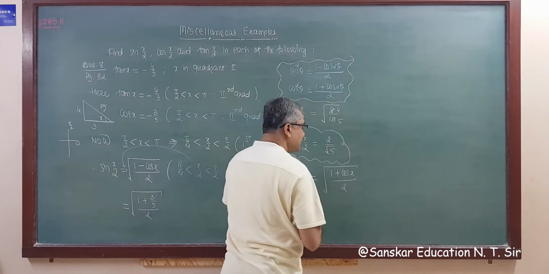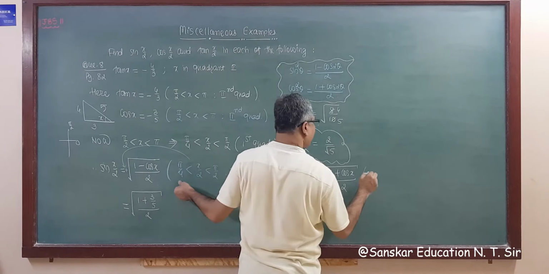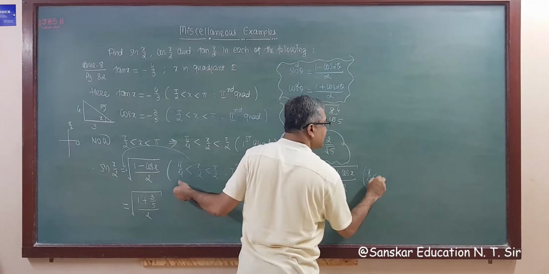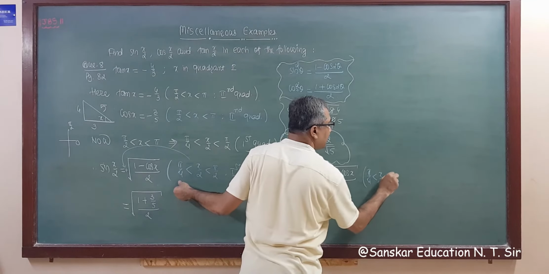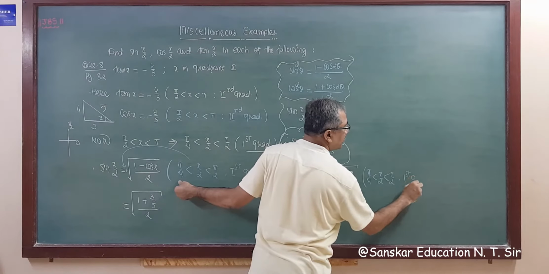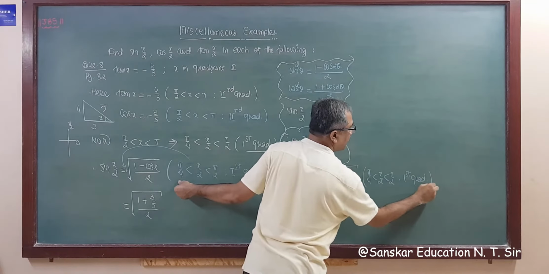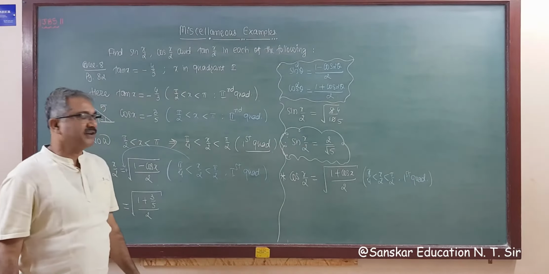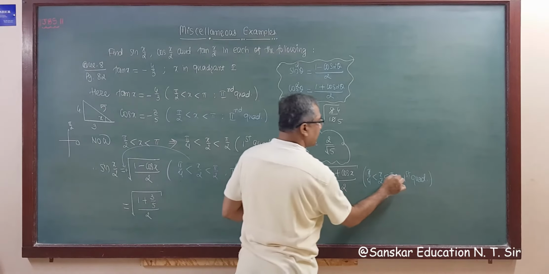And why this? Due to this, pi by 4 is less than x by 2 is less than pi by 2, and this is your first quadrant. Due to the first quadrant, we are taking this as a positive square root.